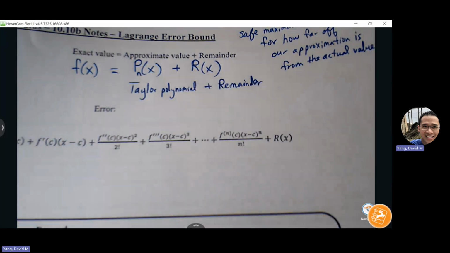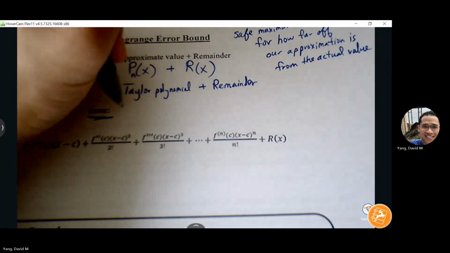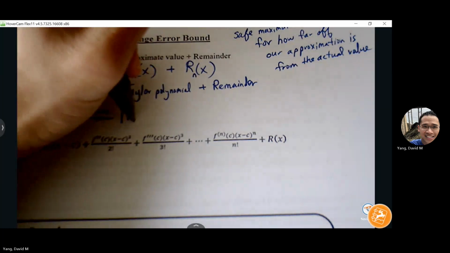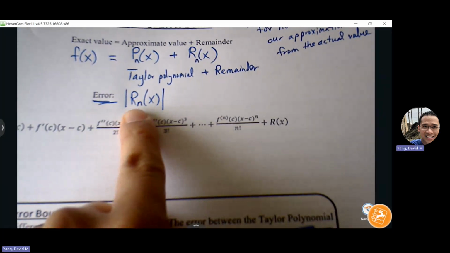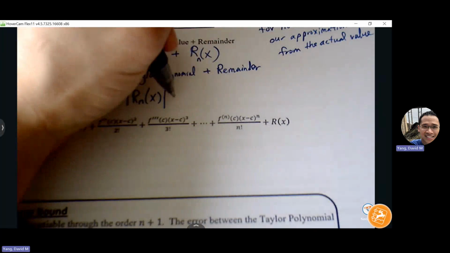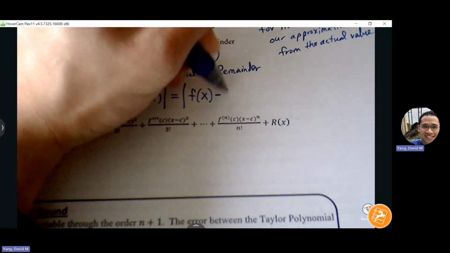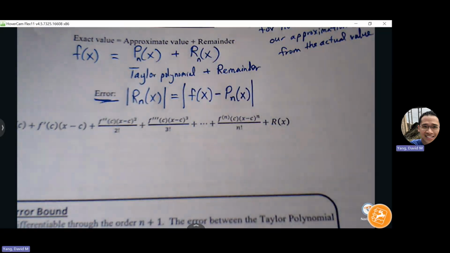We call the remainder the error. So the nth term remainder is equal to the exact value minus the Taylor polynomial of the nth degree. It looks complicated, but we're just rearranging the equation. The remainder is whatever is different between the exact value and the approximation.